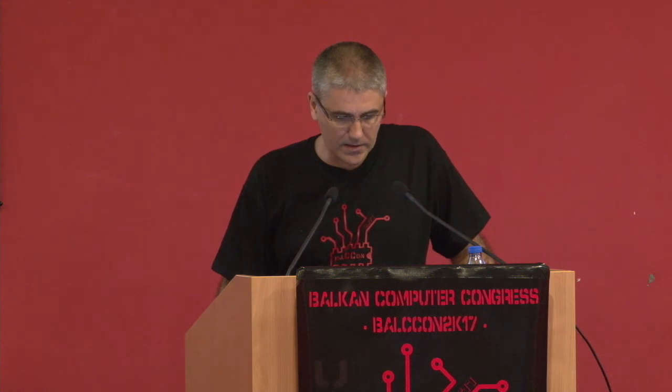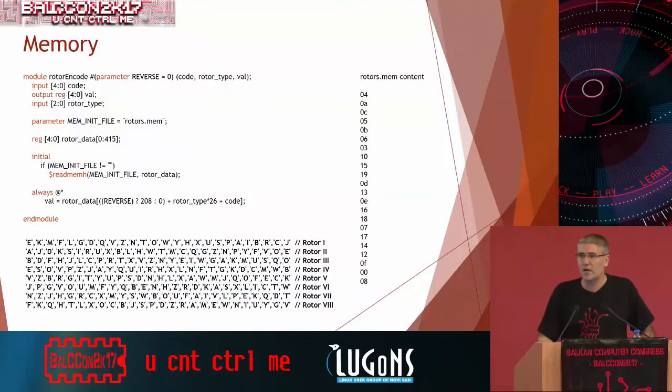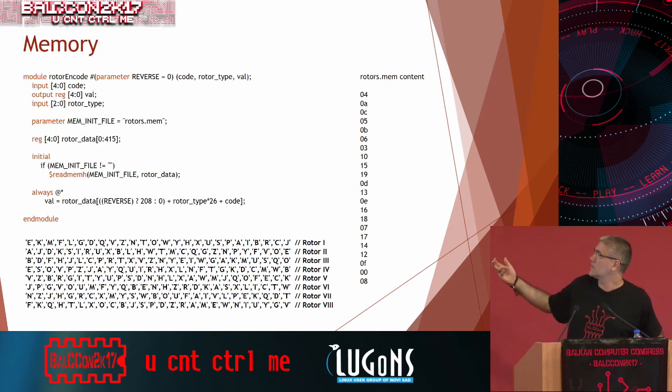There are a few more details that are important, and there is also a way to define the memory. For the rotors, because there are a lot of combinations, what we can see is basically a ROM. There is nothing else. You just address a position and take the value of how it's encoded.